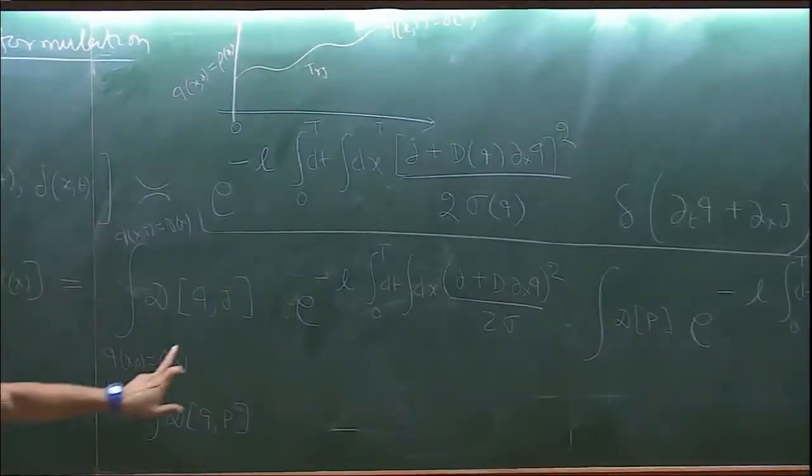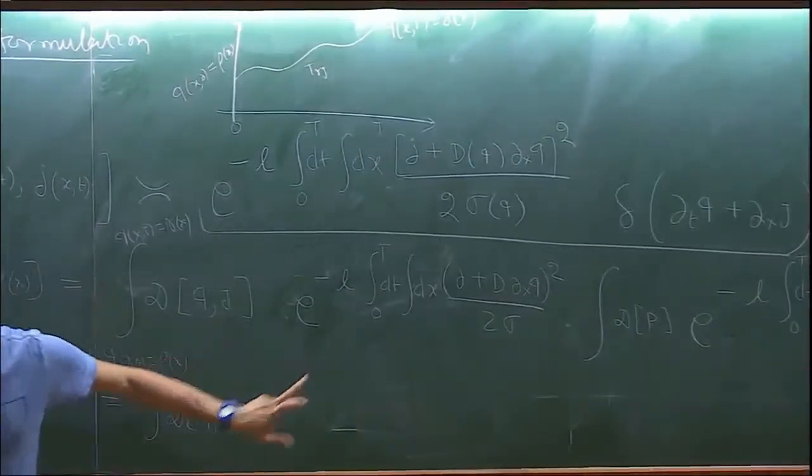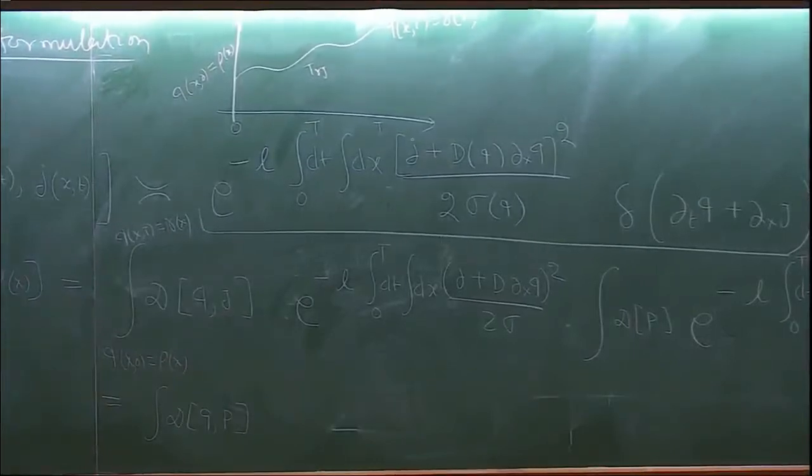I'm only doing the Gaussian integration over the j variable. Then you will end up very easily in the following form, and you will get this Hamiltonian picture.